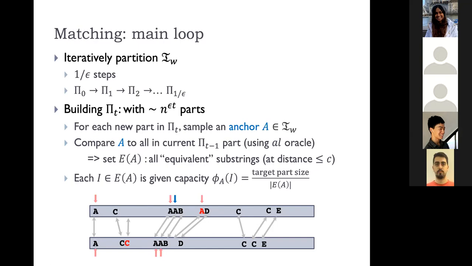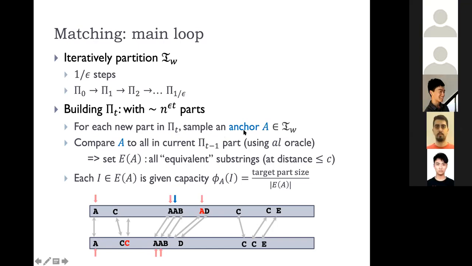What we'll be doing is that we have a target part size that we want to build, right? So this is n divided by the number of parts. We'll want these parts to be relatively balanced, so this means that each of these red arrow friends, or equivalent substrings, will have some given capacity, some responsibility in a sense, of how much they need to contribute to the part corresponding to this anchor.